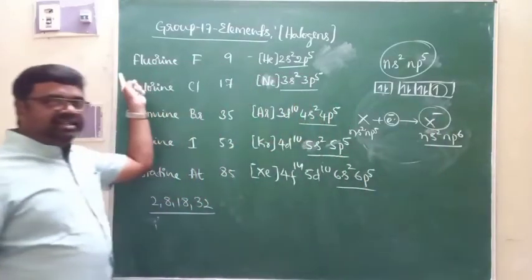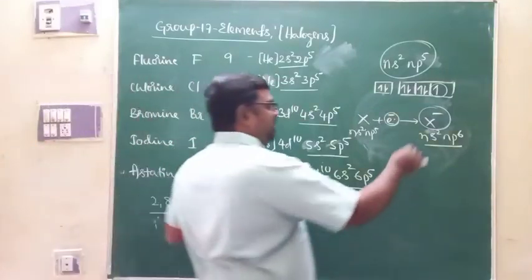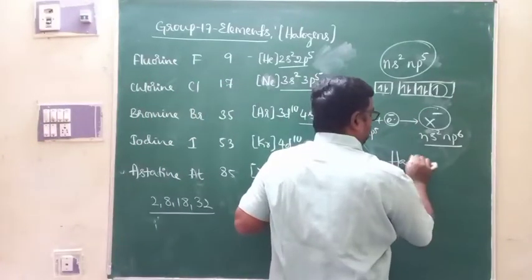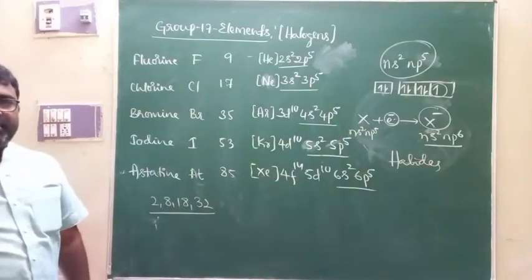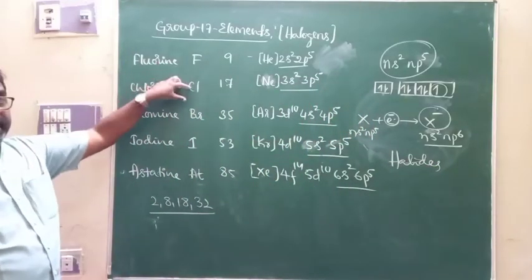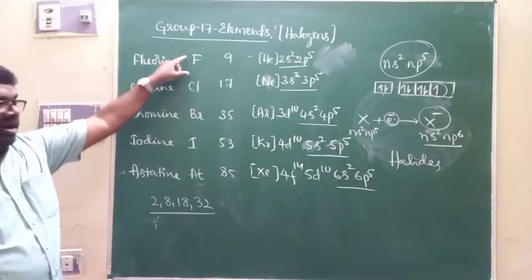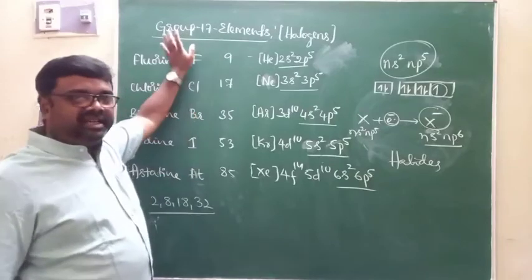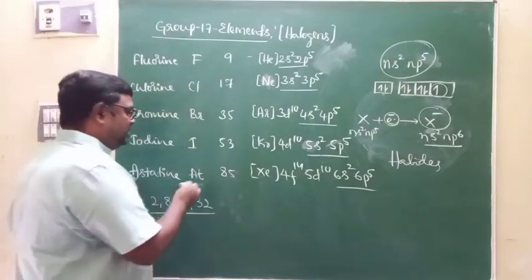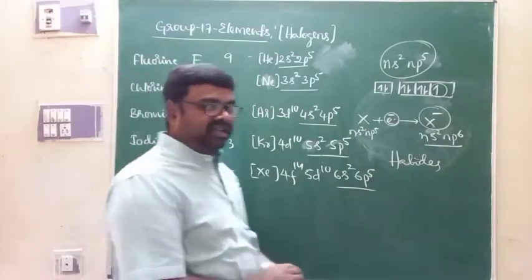Therefore, halogens readily form X minus ions, and they are known as halides. Chlorine forms chloride, fluorine forms fluoride, bromide, iodide, is it not? And of course, astatine is a radioactive element, and we don't bother about the chemistry of astatine in group 17 elements.